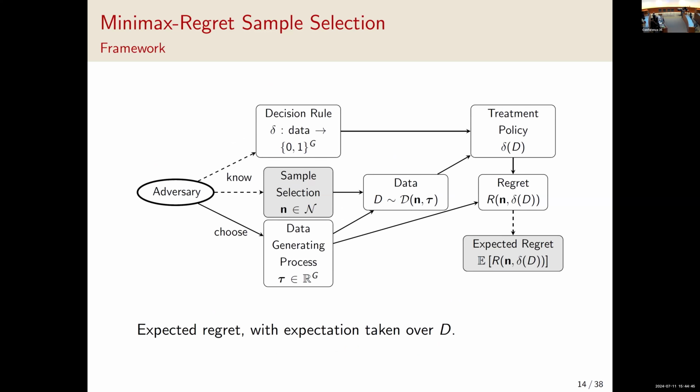And again, our goal is to find the sample selection that optimizes expected regret, with expectation taken over data generation, uniformly across all choices made by the adversary. And this will provide us some worst case guarantee against different environments.